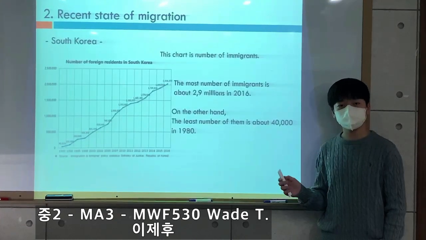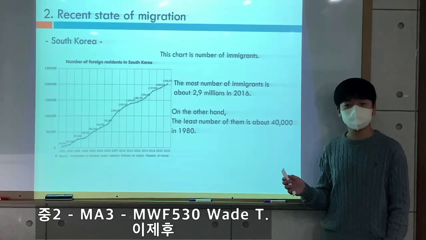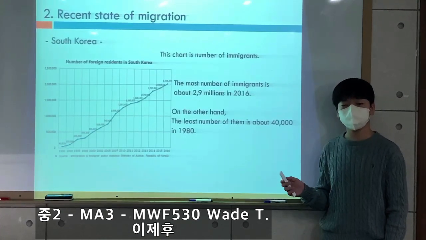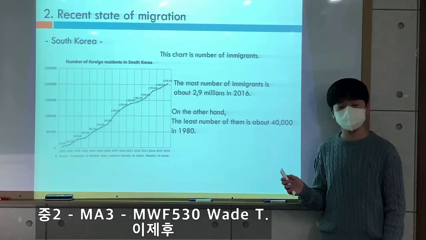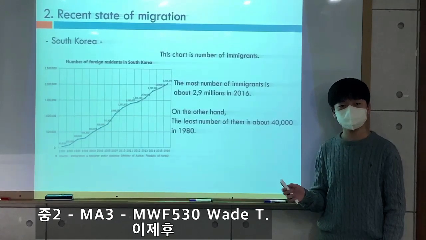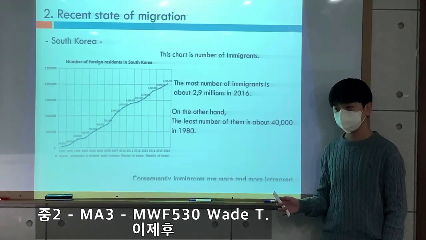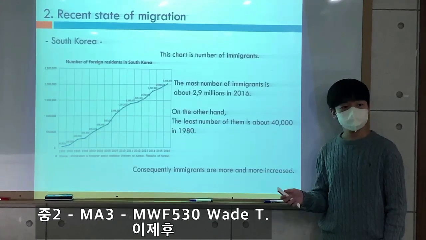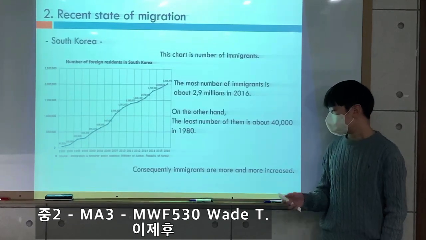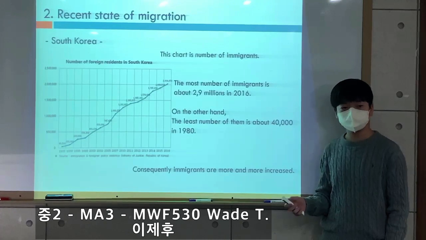This chart is the number of migration in Korea. The highest number of migration in Korea is about 2.9 million. On the other hand, the least number of migration is about 40,000 in 1980. Considering the immigrants, consequently, immigrants are more and more increased.